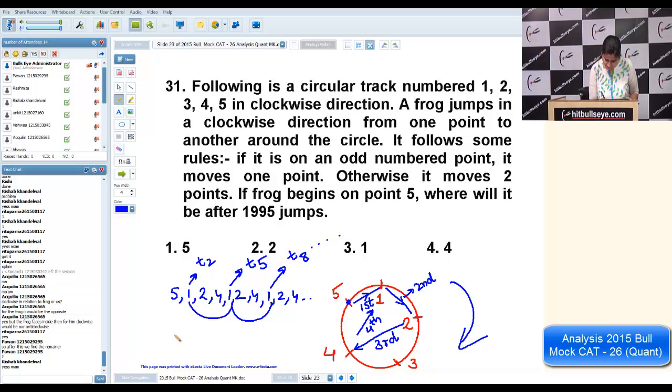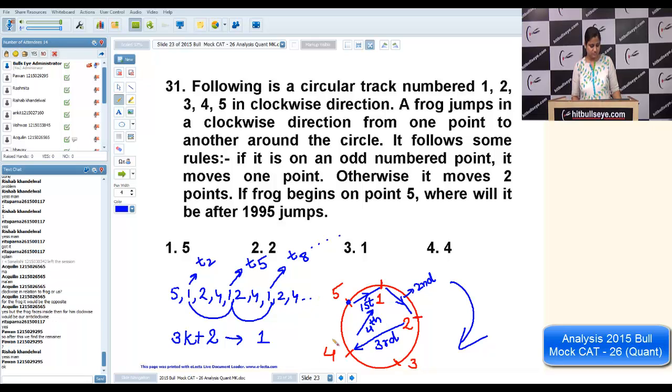It means whenever our jump will be of 3k plus 2 format, it will be at 1 and so on. Is it okay? Whenever the number is of form 3k, it will be at 2 and so on. Okay, so let us move.